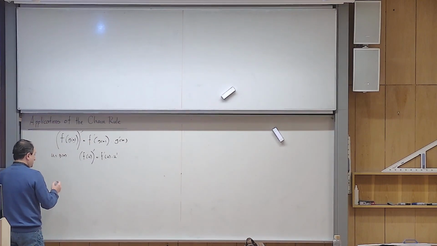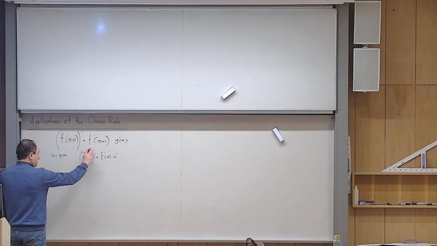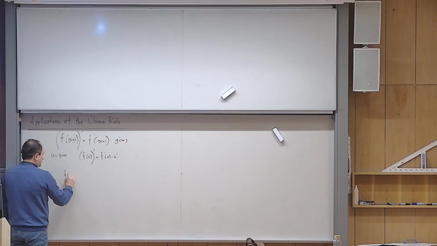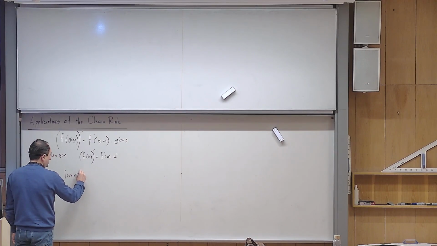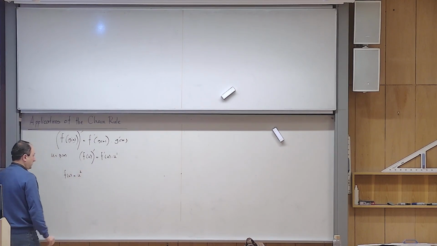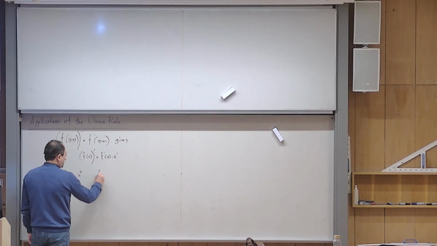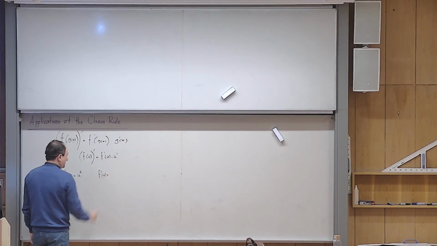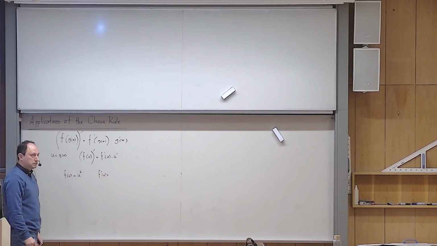Let me tell you something like this now. Forget about this momentarily. If I write f of u, where u is the name of my variable, to be, for example, u squared, then if I ask you to calculate f prime of u, what do I mean actually here? What is the answer to this? 2u. 2u, okay?